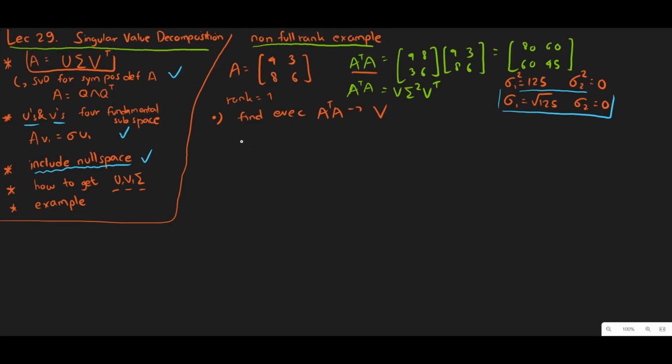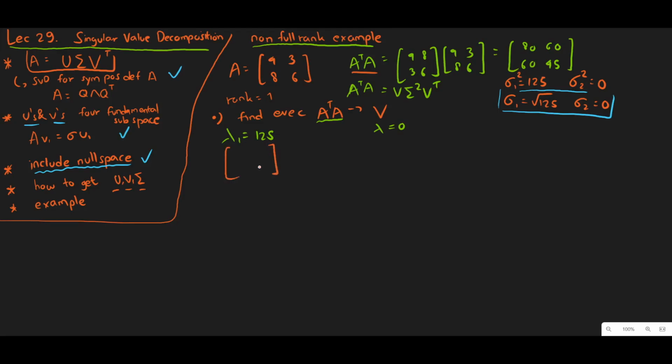So here we just do it one by one for the first lambda. Let's use lambda because I'm talking about this specific matrix, right? So the first lambda is 125, and the second lambda is 0.